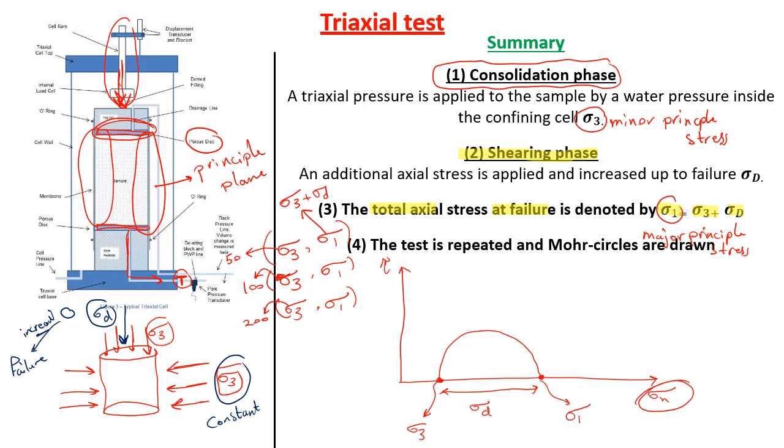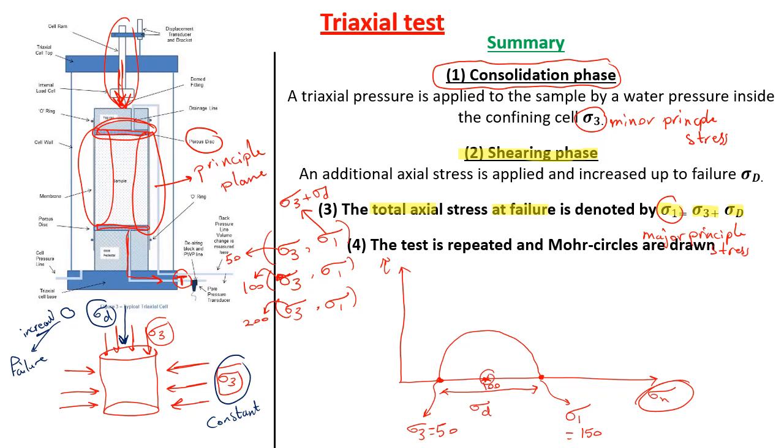So if you already know the value of sigma 3, let's say it's 50 kilopascal, and sigma 1, let's say that it's equal to 150 kilopascal, then you can calculate the mean or the average of these two values. It's 100 kilopascal. This is the center of your circle.